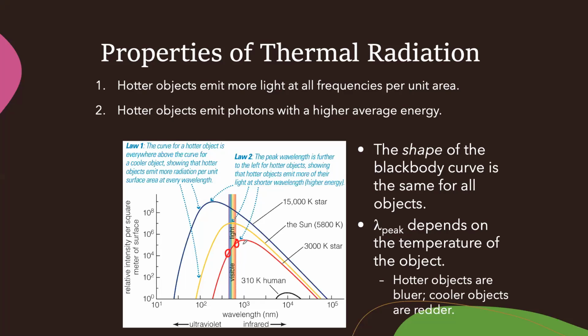That means that this particular 3000 Kelvin star is emitting more red light than it is blues and purples. And so this star appears red to our eyes, not because it's not emitting blue or green or purple, but because the reds are emitted the most strongly.